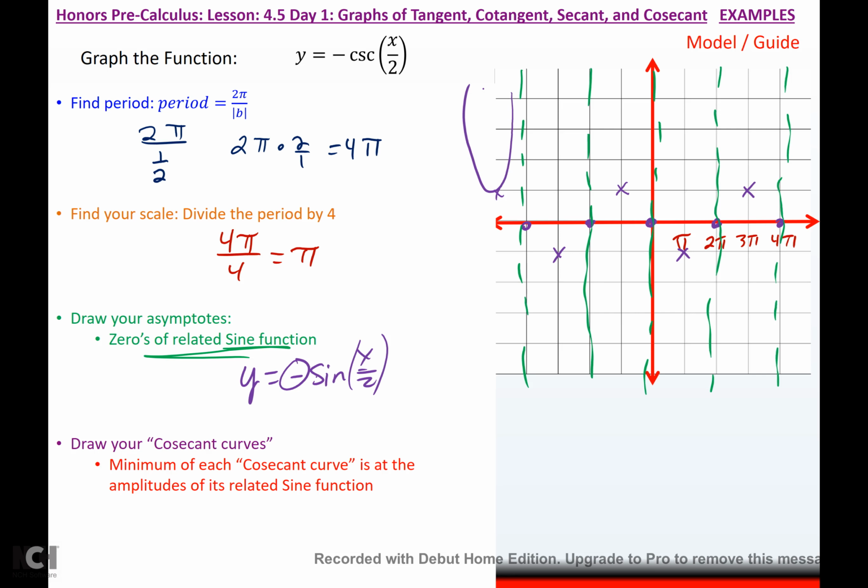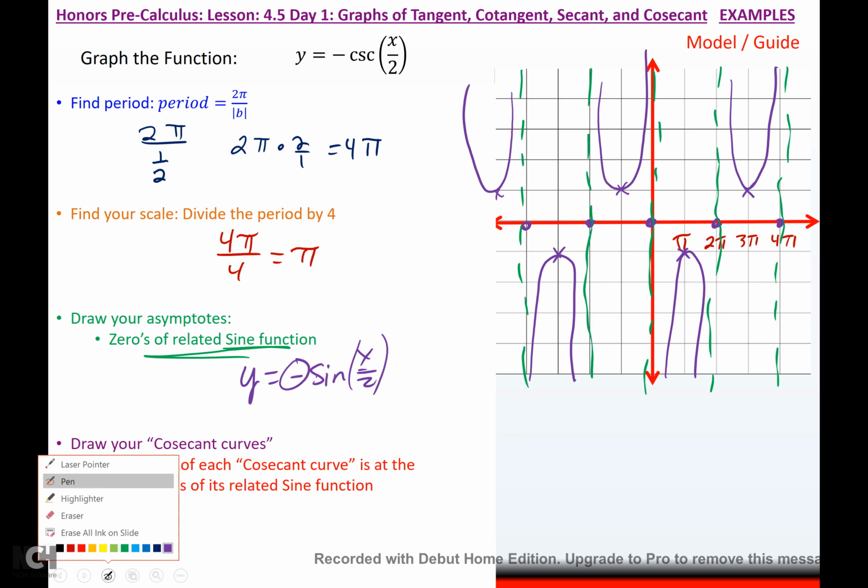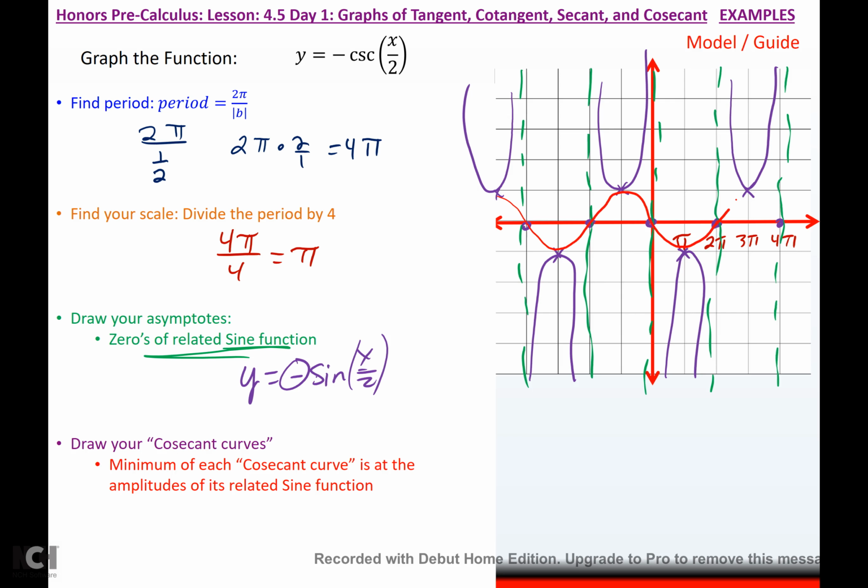So you'd have one here, and one here, and one here, and one here, and one here, and it would keep going forever and ever and ever. And again, if you looked at the related sine function, you can see the relationship between the cosecant and its related sine function.